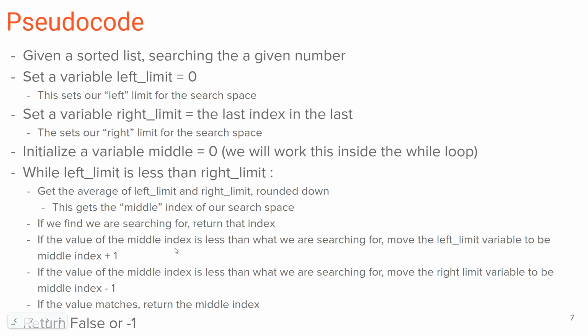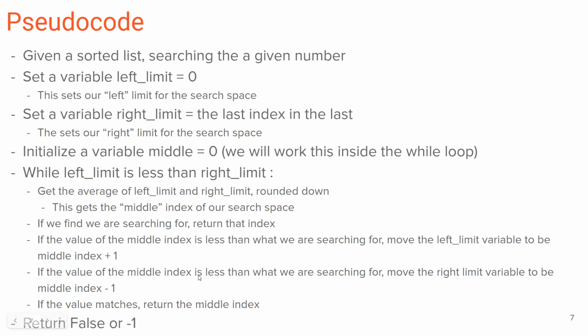So if the value at that middle index is less than what we are searching for, which means the key we are searching for is greater than whatever is at that middle index, we know, because it's a sorted list, that the key we're looking for should exist to the right side of the list. That's why it has to be sorted, because we're going to look at the value at that middle index, and we're going to move our search space based on if we're greater than or less than that.